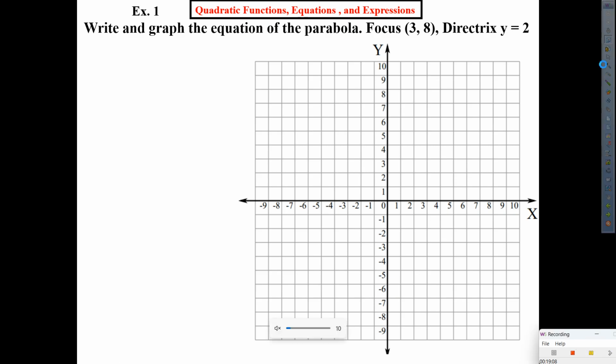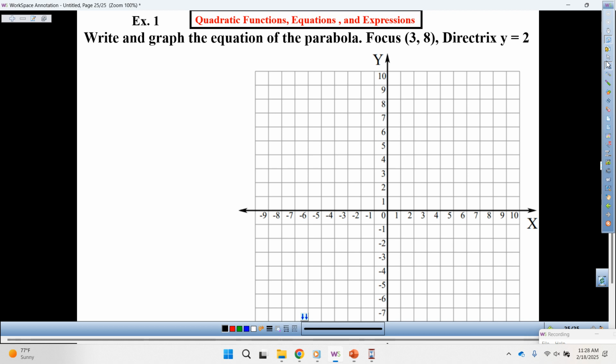All right, y'all ready? Here we go. This is how the home plate is going to go. First things first, in blue, I'm going to underline the directrix, y equals 2. So right away, that should trigger our noodle in regards to what is the first equation that comes to mind when you see y equals?